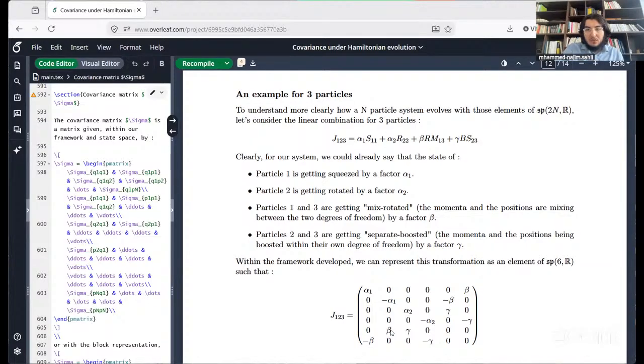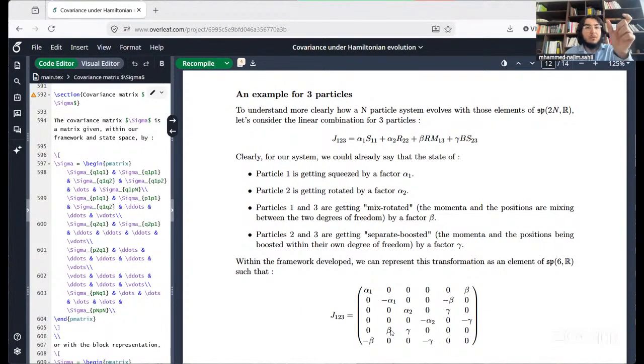The same holds for BS23, a product with a scalar gamma, and in the same way we get an element of sp2 two times in the matrix. So it's really clear how an element of sp2 appears; here it was sp6 because we have three degrees of freedom, but if we have a bigger matrix, we can find a way to really track how each degree of freedom evolves within each degree of freedom.